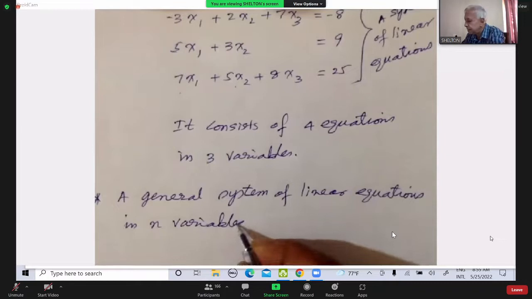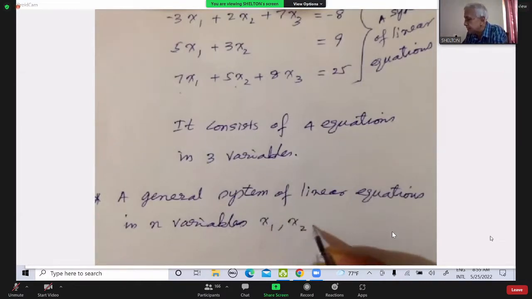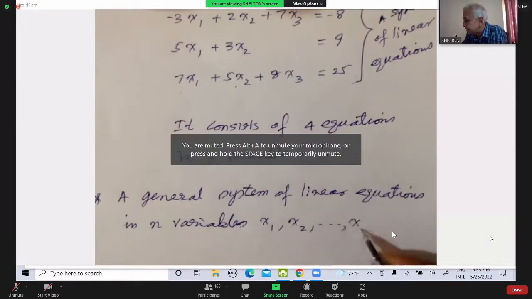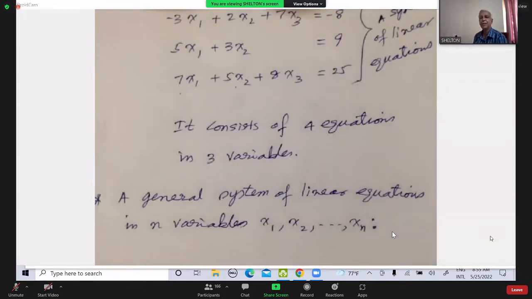N variables. So let us say the variables x1, x2, ..., xn. How does it look?